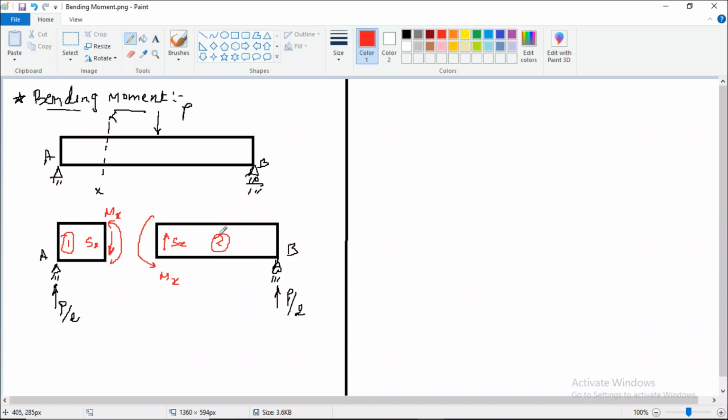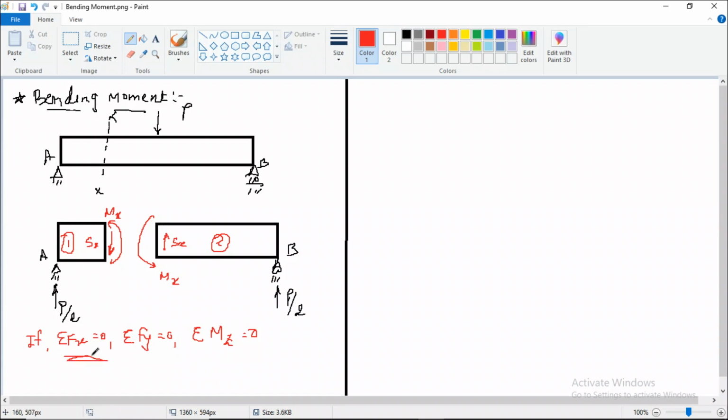the left hand side portion will be in equilibrium if we have satisfied three conditions, that is summation of Fx is equal to 0, summation of Fy is equal to 0, and summation of Mz is equal to 0. As you can see in the figure, there is no horizontal force.